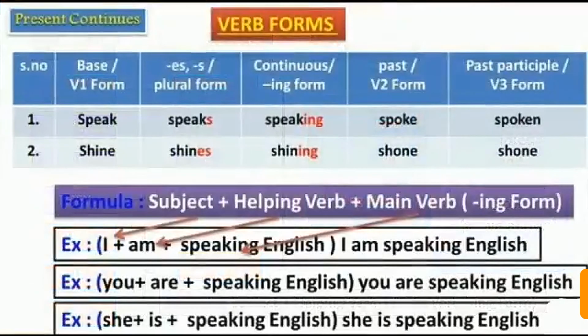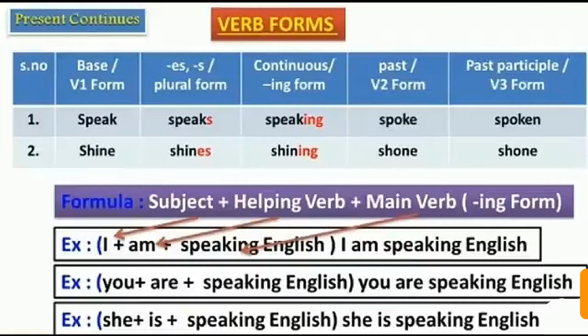Now let us discuss the verb forms in the present continuous tense. The first form is speak, then the s form is speaks, then the continuous or ing form is speaking, then the second form is spoke, and the third form is spoken.